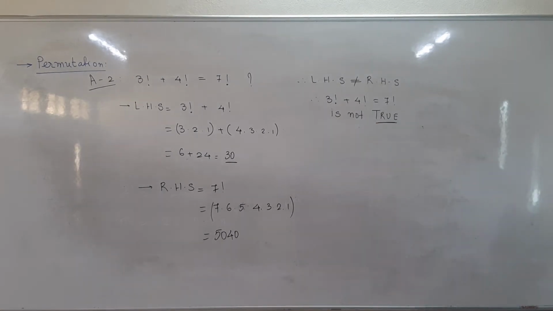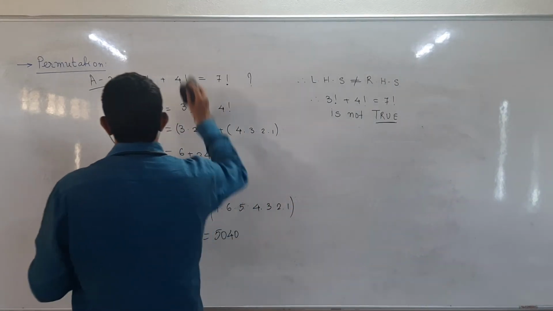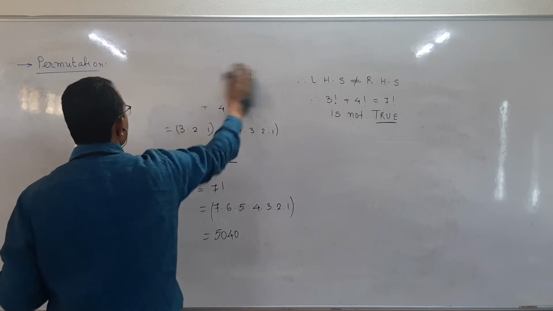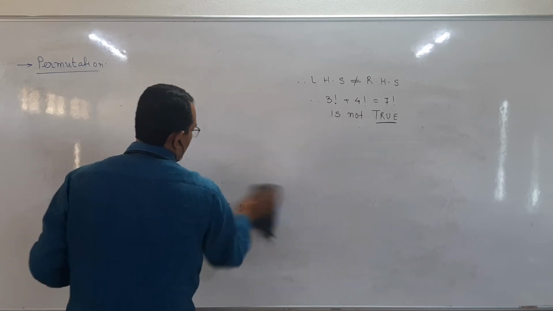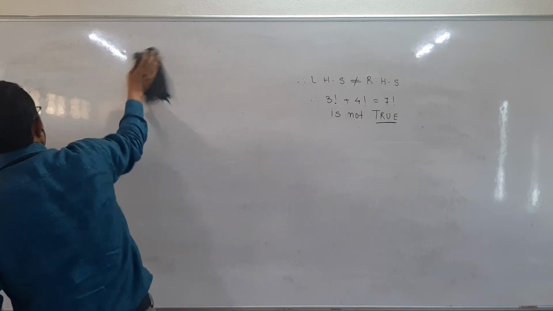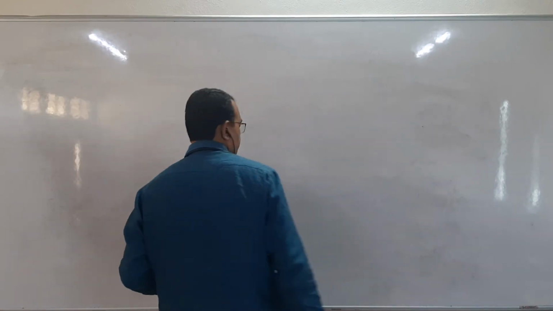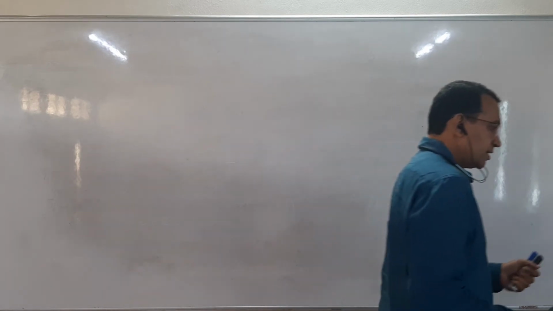Now for doing questions 3 and 4, students, we have to understand one very important aspect of factorial. Students, this is like a puzzle. This chapter is like a puzzle, which is frequently applied in day-to-day life.